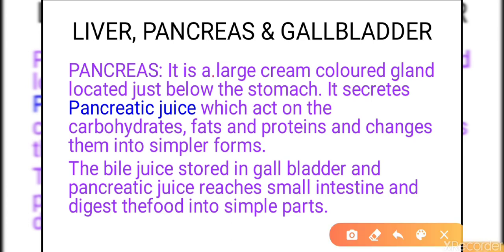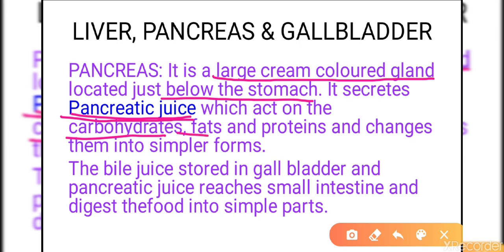Pancreas is a large cream colored gland located just below the stomach. It secretes pancreatic juice. Pancreatic juice contains enzymes which act on the carbohydrates, fats, and proteins and change them into simpler forms.